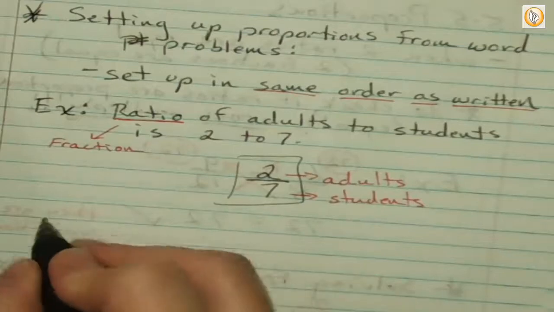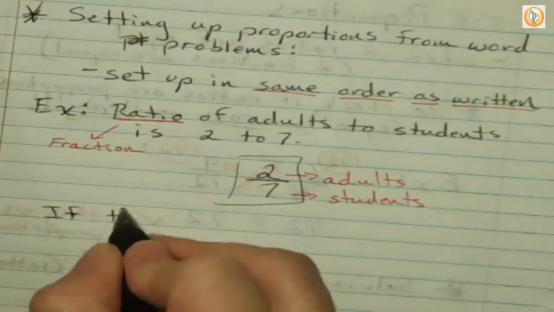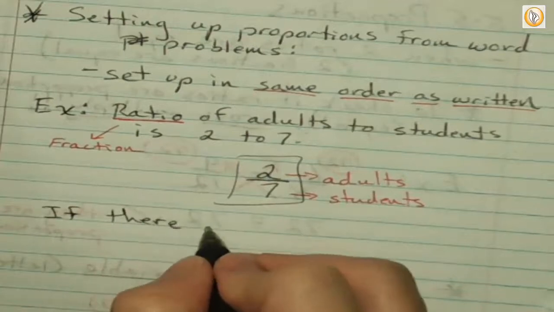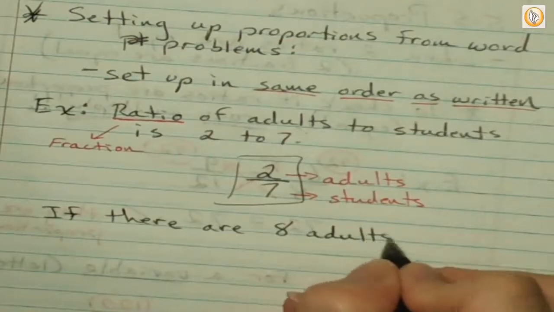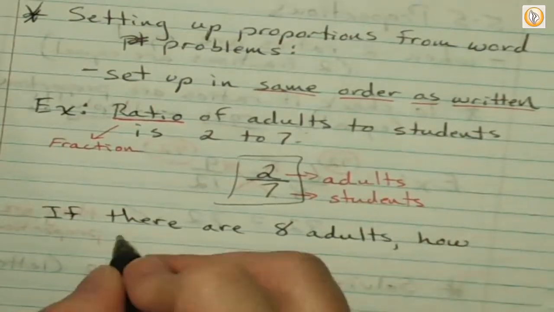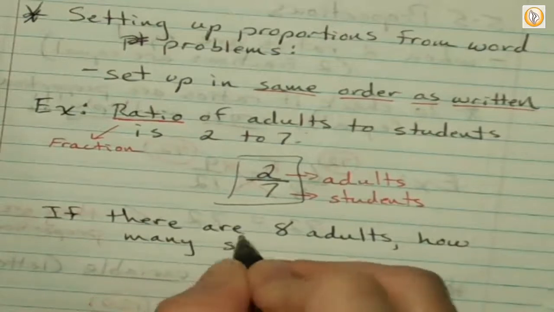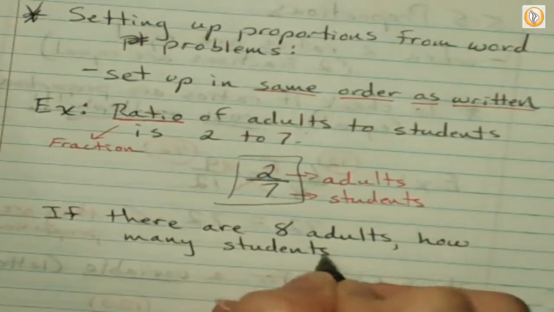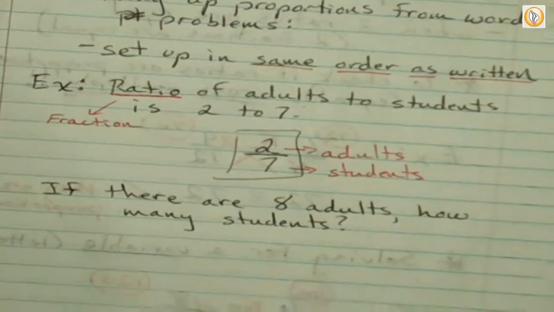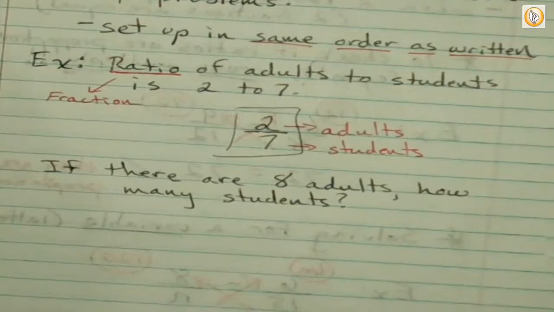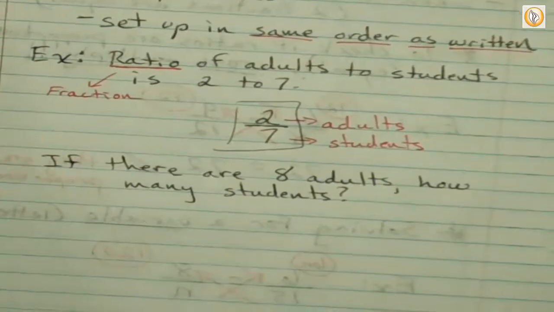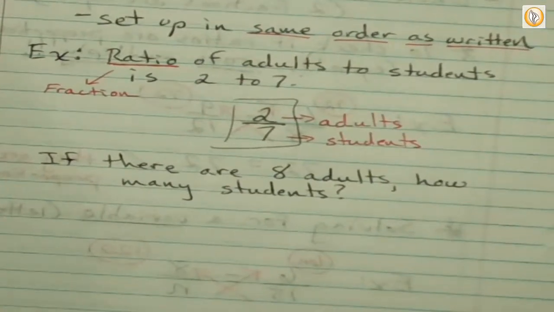For example, if there are 8 adults, how many students? Now, for this lesson, you will set this up as a proportion because I have to make sure you know how to set up a proportion.